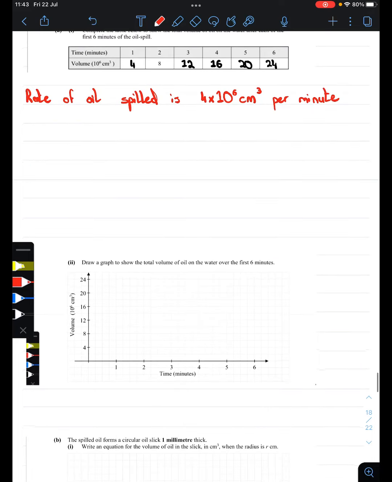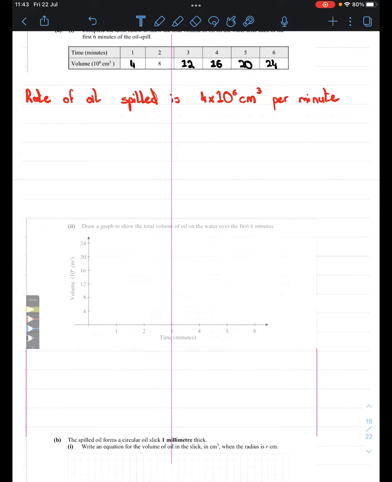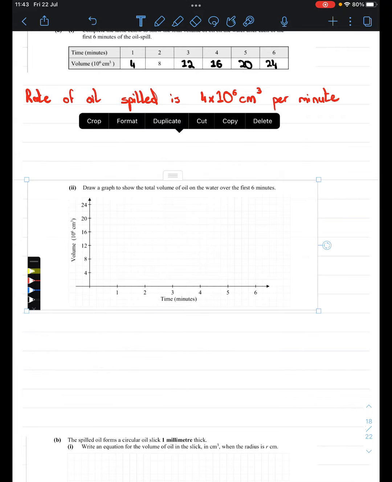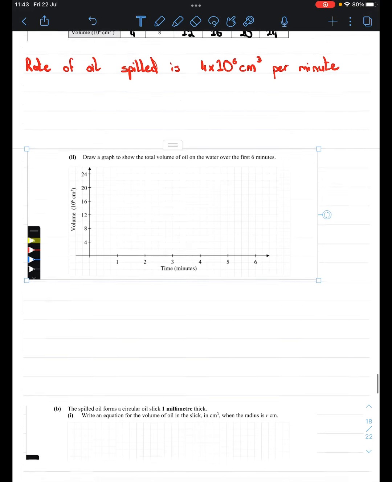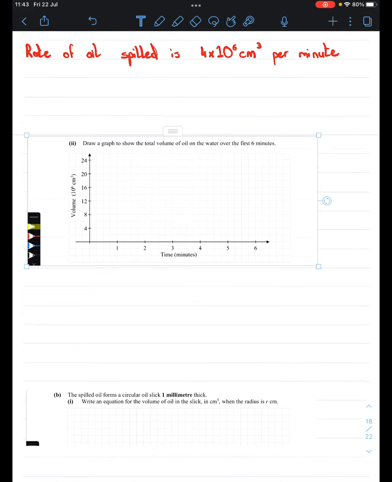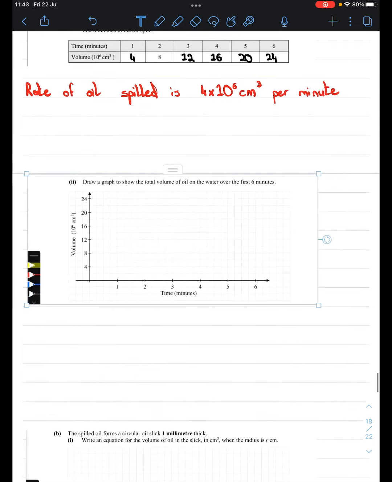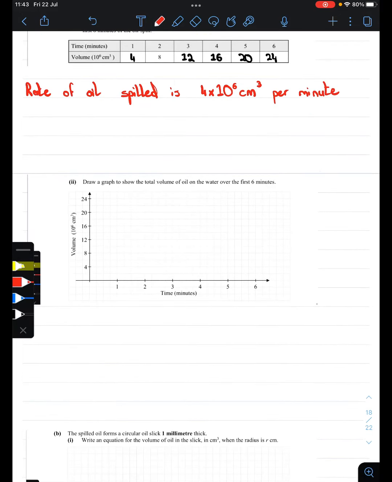Alright, now on to our next. Let's just move it up a bit. Don't need all that space. Draw a graph to show the total volume of oil in the water over the first 6 minutes. Well, it's just linear. It starts from 0, and there's 24 after 6 minutes, so we just get this graph.